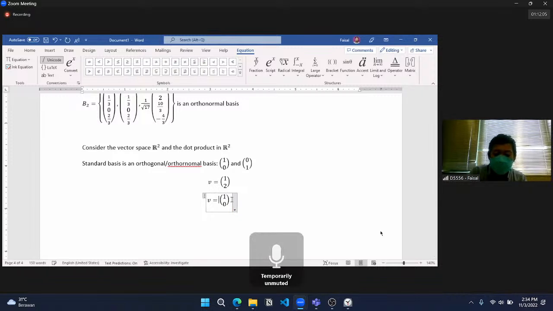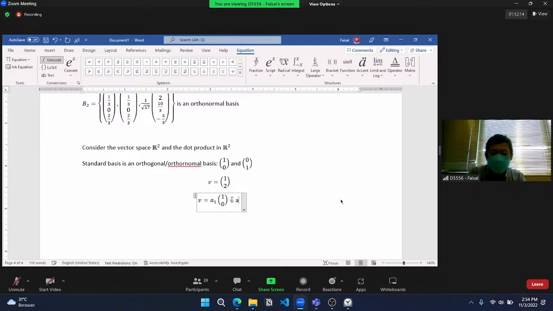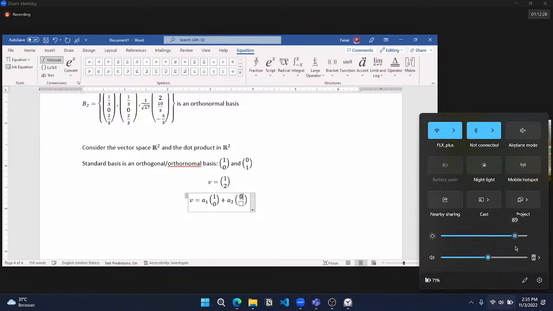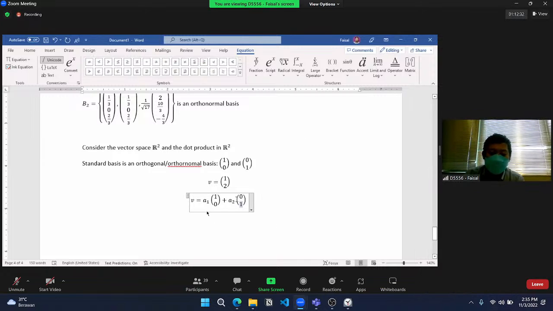This is A1 times (1, 0) plus A2 times (0, 1). How do we find A1 and A2?